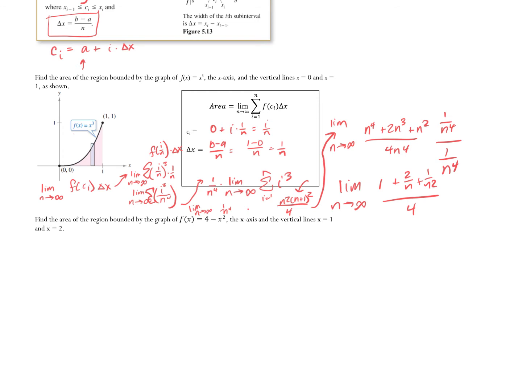We could do L'Hopital. We can eventually get to the place that as n approaches infinity, the largest exponents are what I would call the dominant ones. As you're approaching really, really big numbers, you can almost look at it as this 1 and this 4, and everything else is going to be so small relative to those that it's really the 1 and the 4 that make it happen. That's what's really going on.